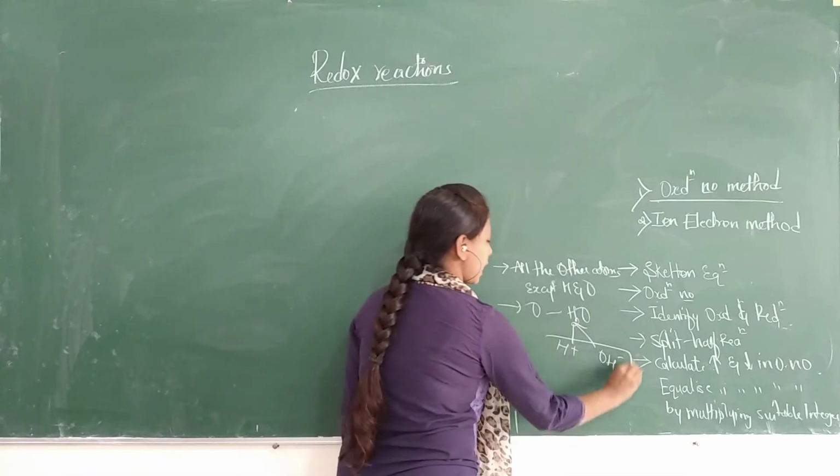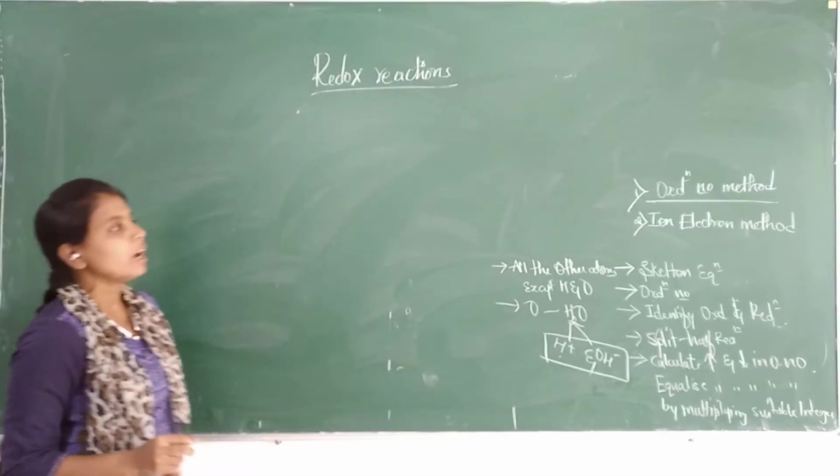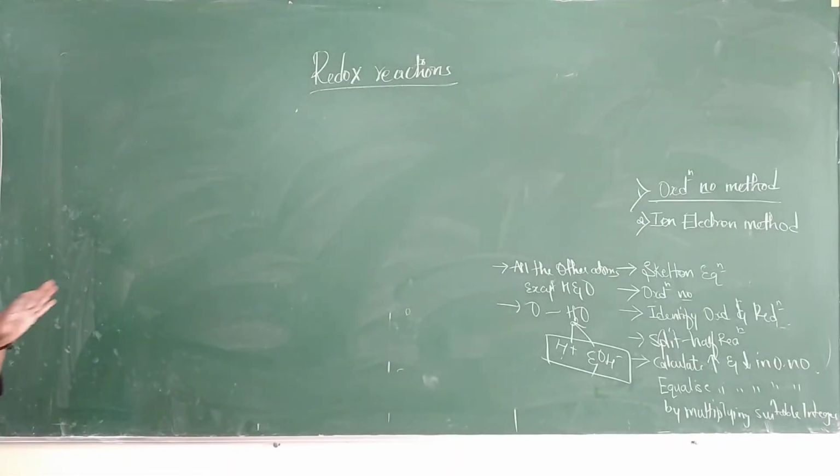So as you know, the charge can be balanced by adding H plus ions or OH minus ions. Clear? So this is how we balance the redox reaction using the oxidation number method.